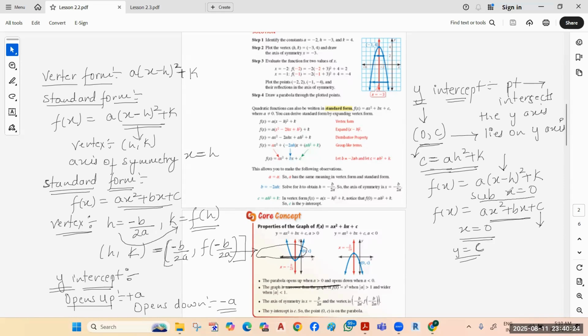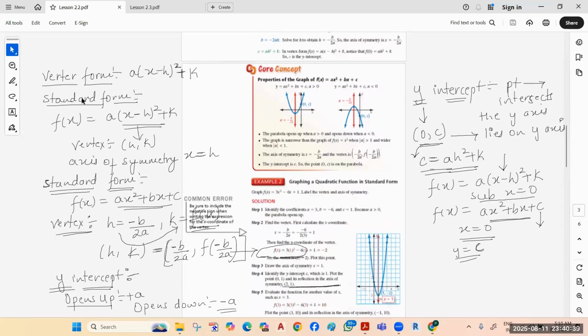Because y-intercept means your x coordinate is 0. It's the point on the y-axis, right?